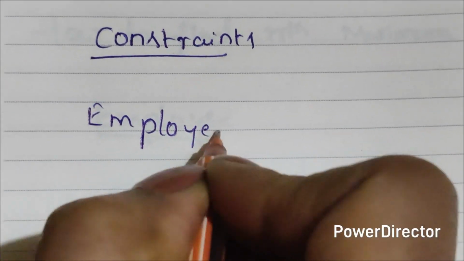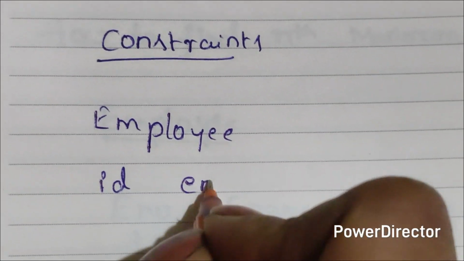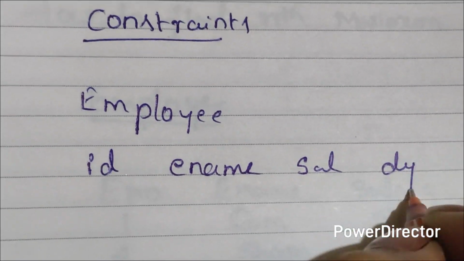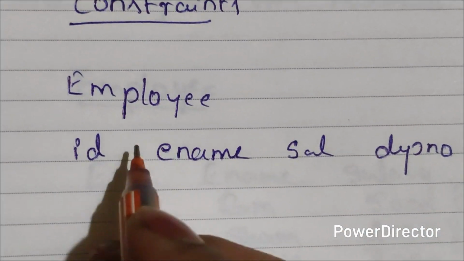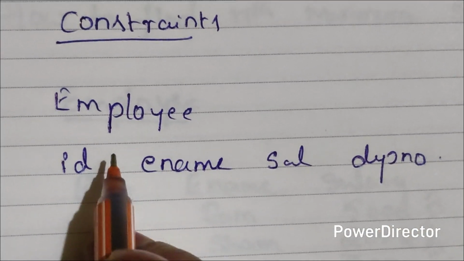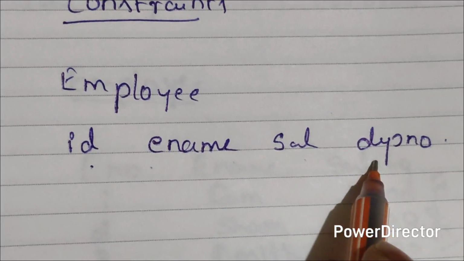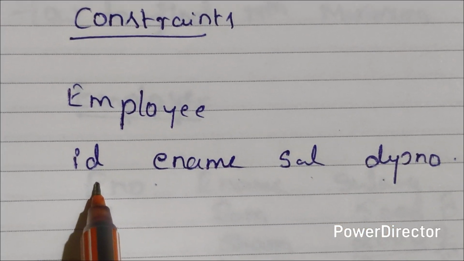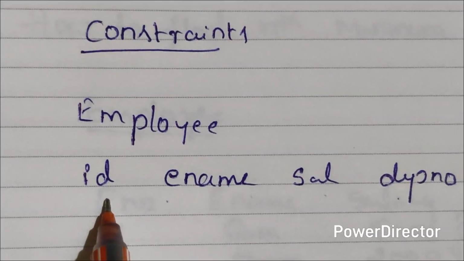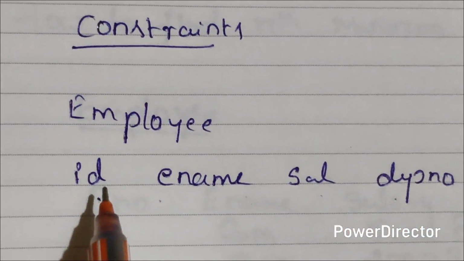Assume that you have an employee table. You have attributes employee ID, employee name, salary, and department number. Assume that these are all the attributes of this particular table, employee. Constraints are the conditions you can apply to each attribute wherever it is necessary, or you can leave it blank and no conditions will apply.